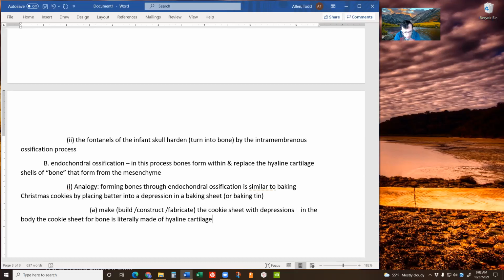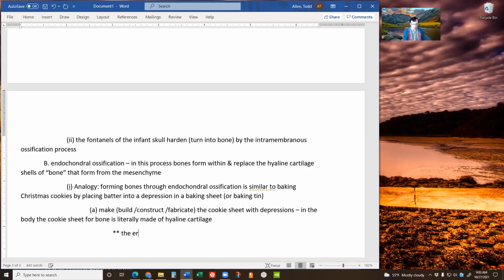Aluminum or whatever metal it might be. But the cookie sheet for the bones is really made out of hyaline cartilage. In other words, the earliest form of our bones, of our skeleton, are literally made of molds of cartilage. They are not molds of bone. Okay.